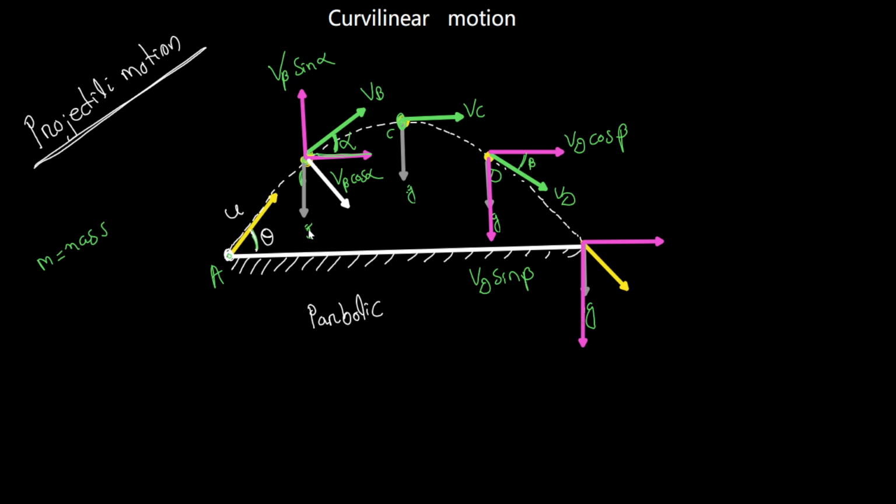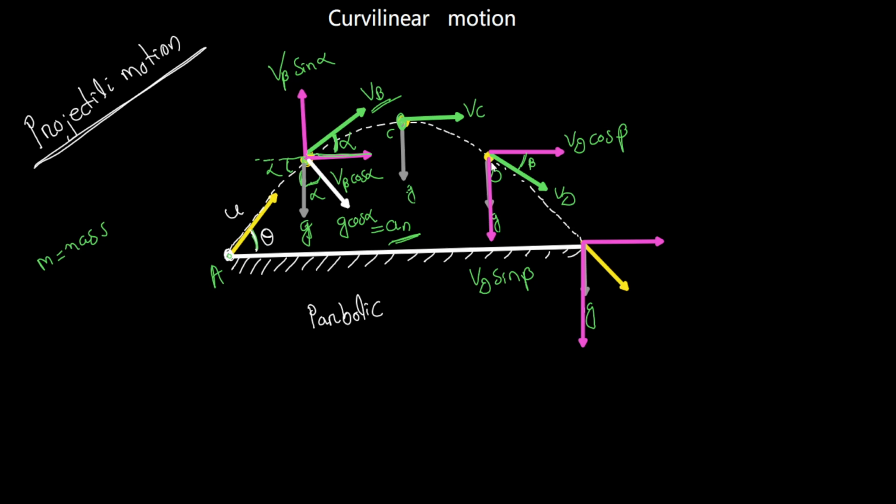Since this is g and the angle here is alpha, this one will be g cos alpha, which is the normal acceleration, perpendicular to the velocity vector. We have already discussed that normal acceleration is along the radial direction towards the center, or we can say it is perpendicular to the velocity vector Vb.